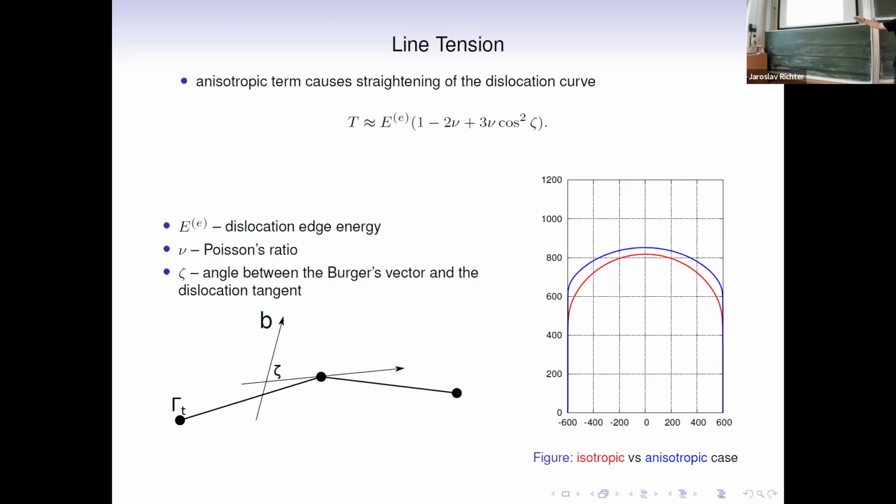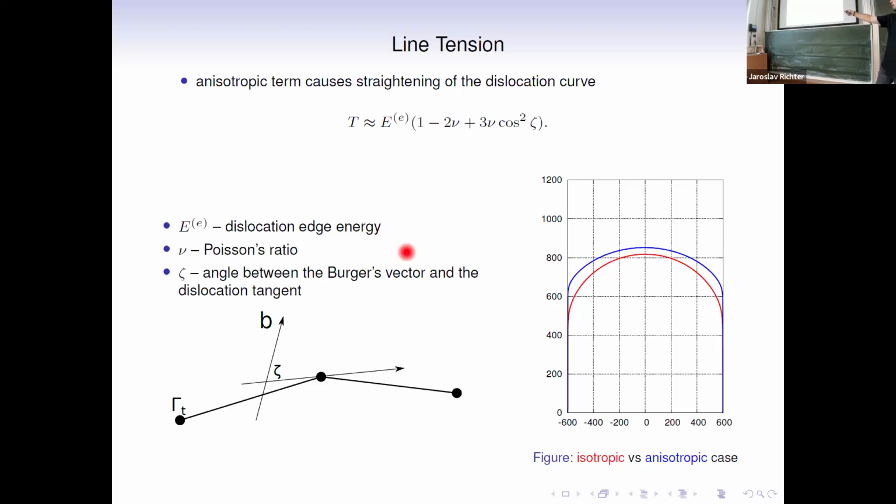I'm not going to speak about the Burgers vector so much particularly. It is a vector related to the crystallographic configuration. For example, dislocations in copper or nickel have a different Burgers vector than dislocations in iron and so on.